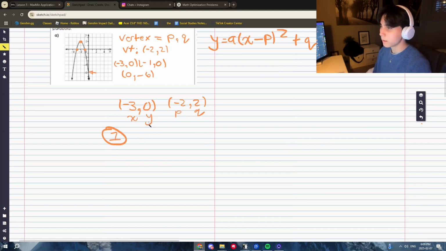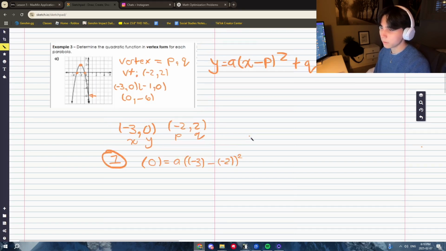So I will show you what that's going to begin to look like. So let's just plug in everything that we got. So y equals a, which we don't have, x, which we got as negative 3, minus p, minus negative 2, squared, plus q, which is going to be 2.